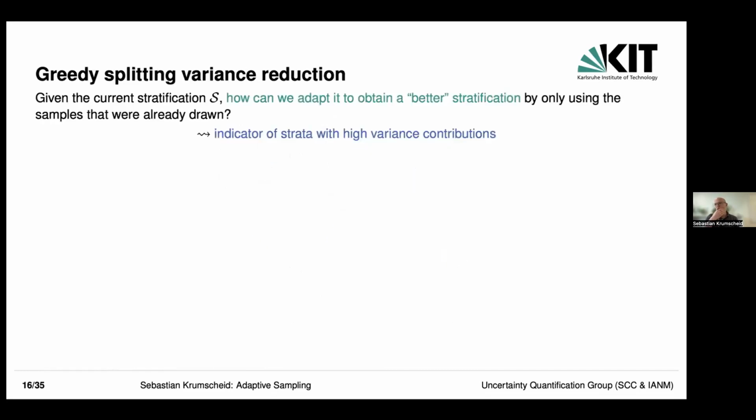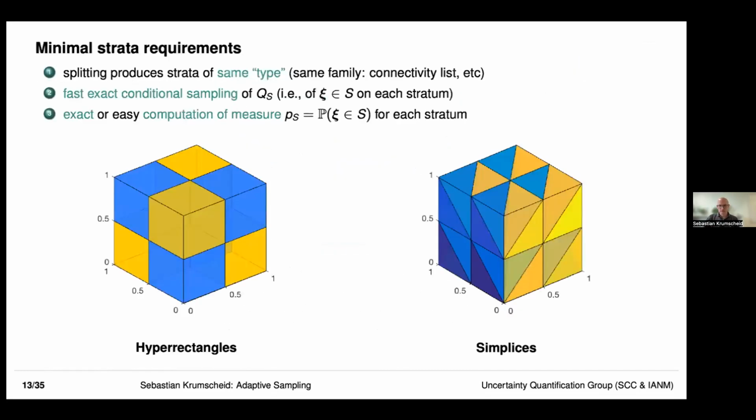Okay, so now we have a certain stratification, and we have drawn some samples. In each stratum, we now have a certain number of samples. If we manage to identify where to split, we can split, assign the existing samples to where they belong under the split strata, and distribute new samples according to our allocation rules.